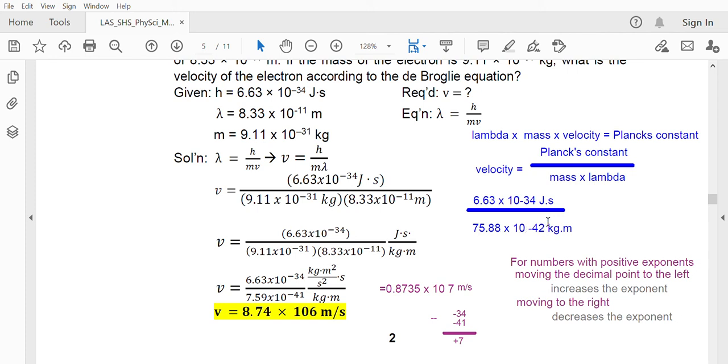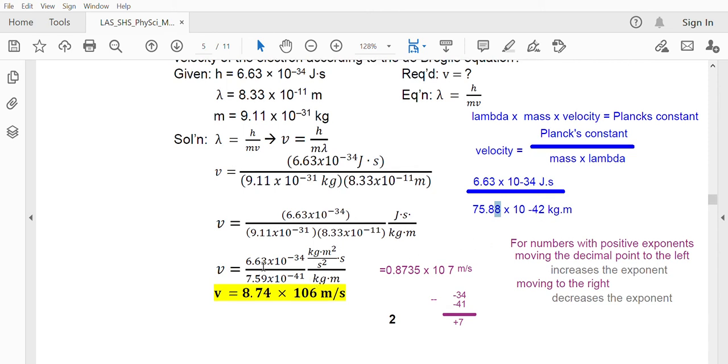This will decrease by 1, minus 41. And then we will drop this, round off the number. The 8 is 5 or more. When you drop a digit that is 5 or more, you will have to add 1 to the last remaining digit. So that is why it would be 7.59 times 10 to the negative 41.